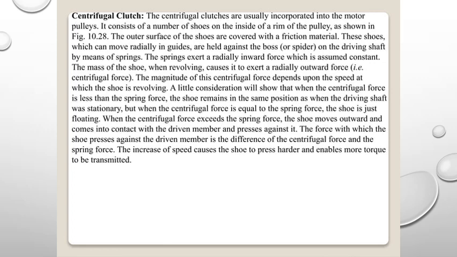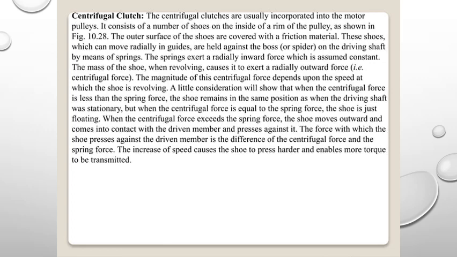And next one is centrifugal clutch. The centrifugal clutch is normally incorporated into the motor pulley. It consists of a number of shoes arranged inside the rim of the pulley, as shown in the figure, and the outer surfaces of the shoes are covered with friction material and move radially, guided by the spider on the driven shaft. The spring exerts a radially inward force, assumed constant, and the mass of the shoe, as it revolves, causes it to exert a radially outward force.